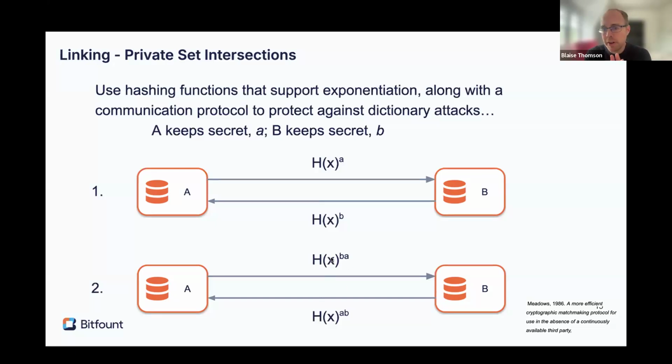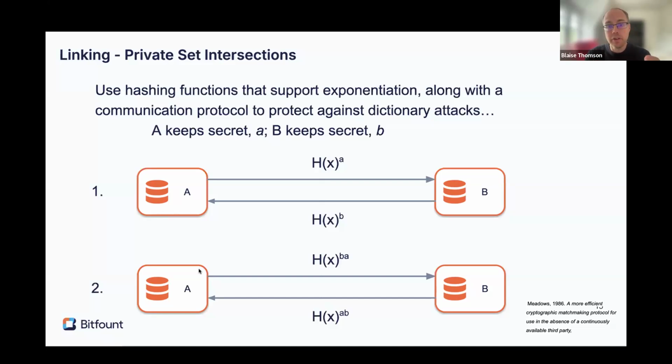And as long as you have an appropriate hashing function, specifically applying your salt needs to be commutative, you need to be able to switch the order, you can end up with double salted hashed values where neither side is able to work out what the other side's salt was, and so they're unable to do a dictionary attack. But they are able now, they will both have both sets of data double hashed. And so you can now calculate things like the overlap.